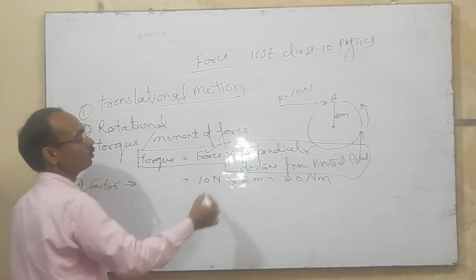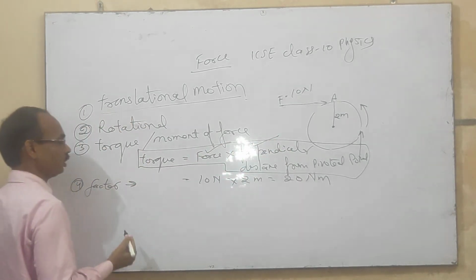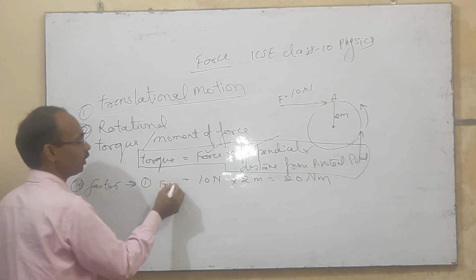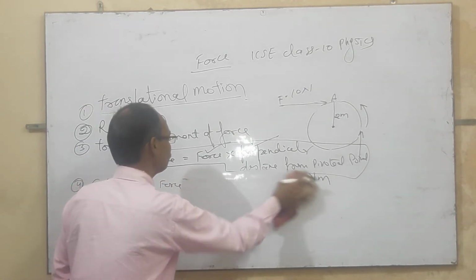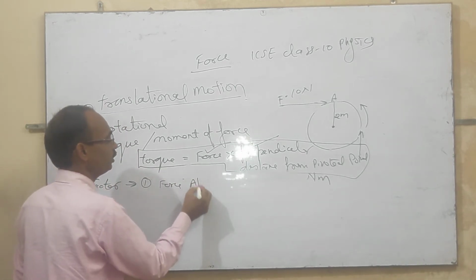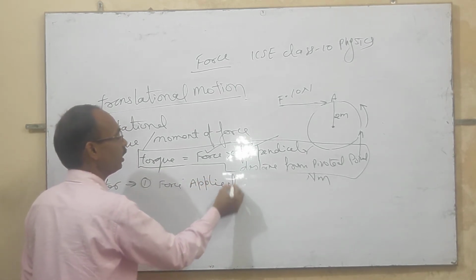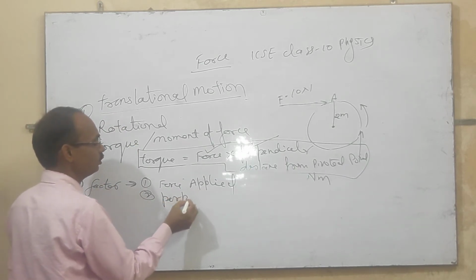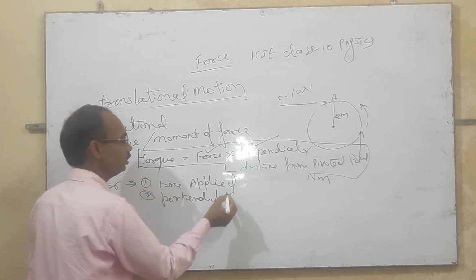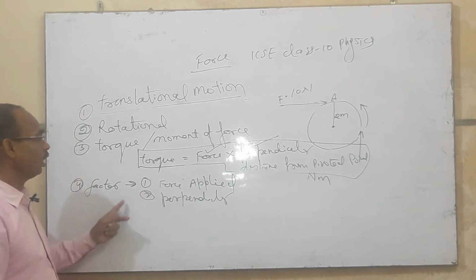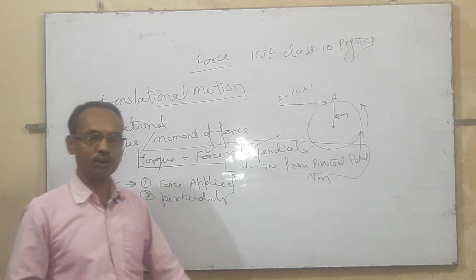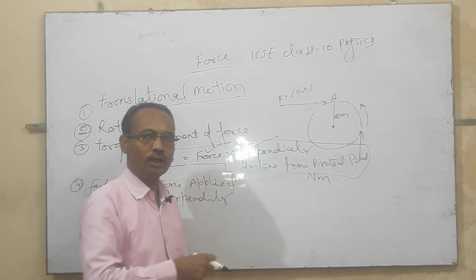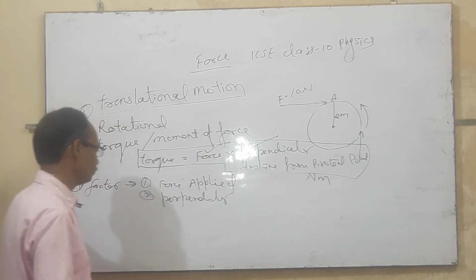First of all the force applied, and the second factor is the perpendicular distance. These are the two factors on which the torque of a body depends. Torque means moment of force or rotational force, turning effect.